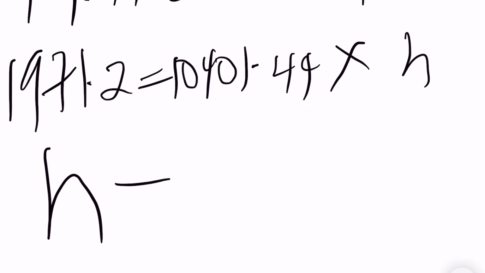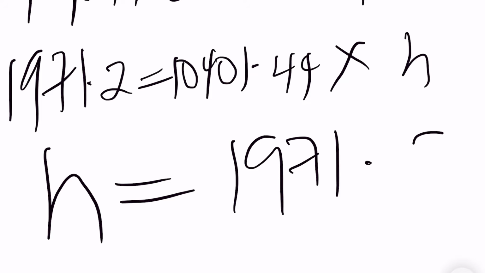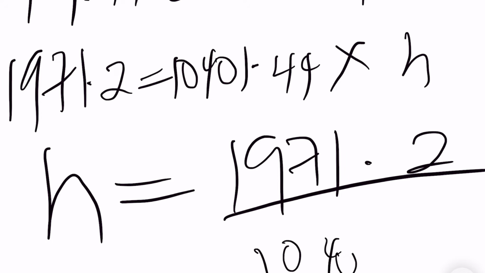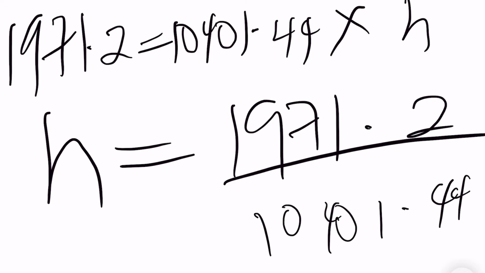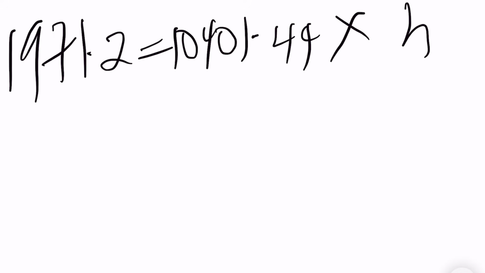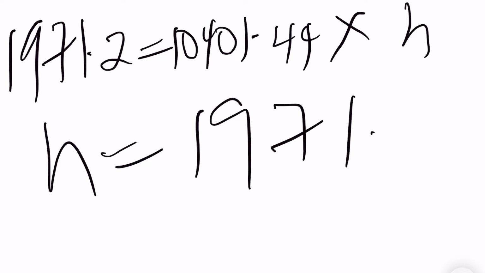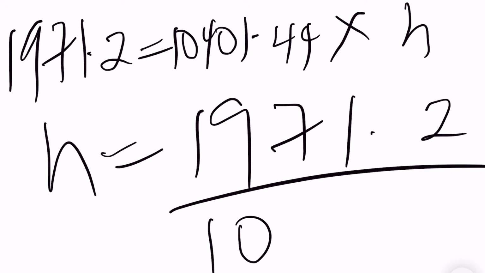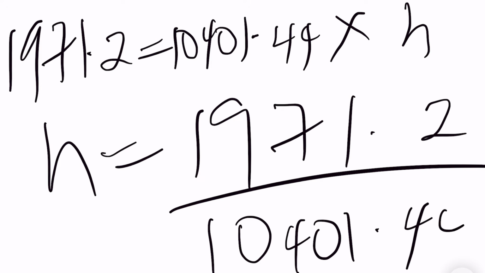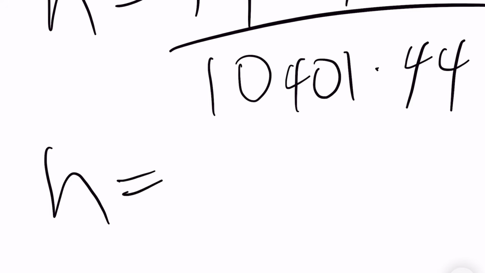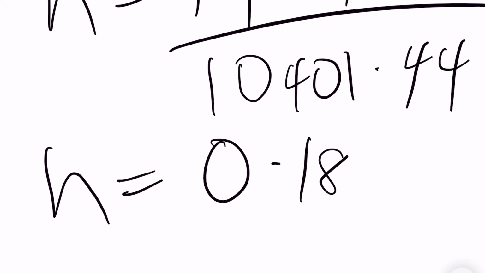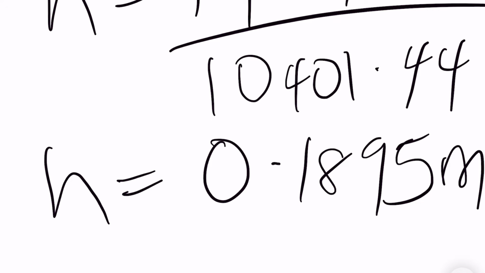Now our height will be 1971.2 over 10401.44. Using the software calculator, we have our height to be 0.1895 meters.